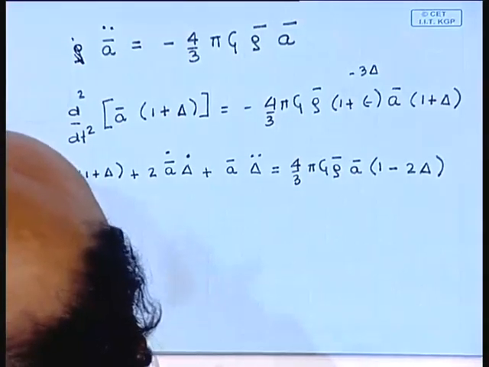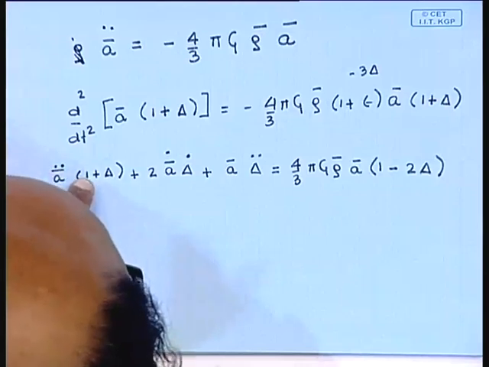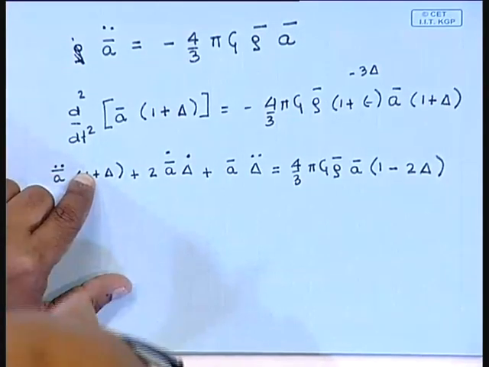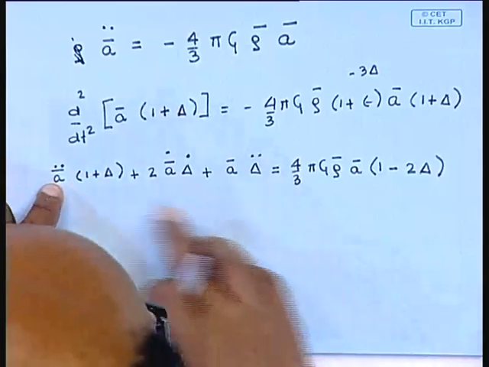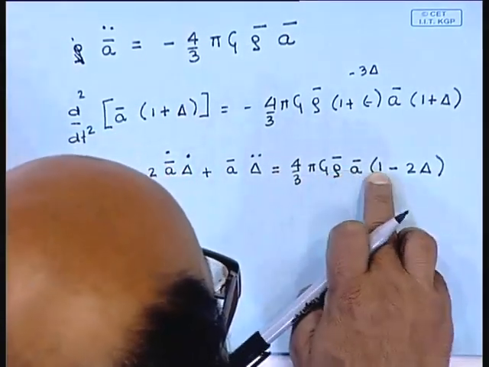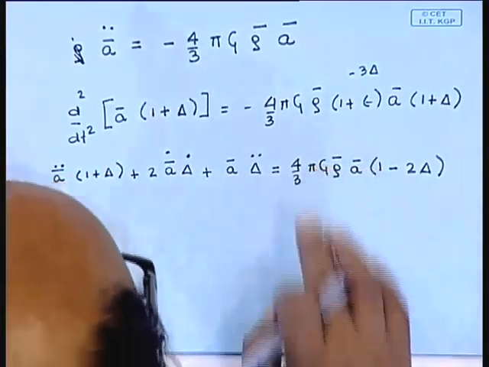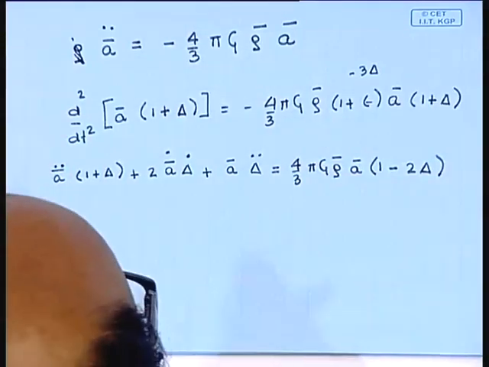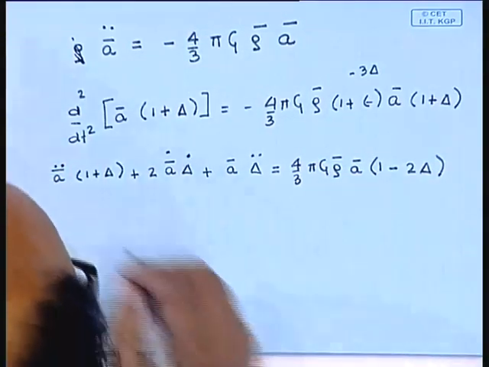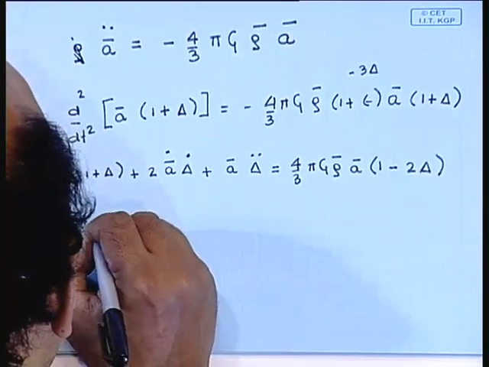Now let us look at this first term, A bar double dot into 1. A bar double dot is exactly equal to minus 4/3 pi G rho bar A bar, so this one term will be gone. What is the term that we are left with?